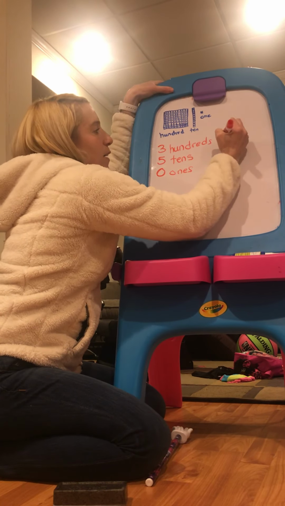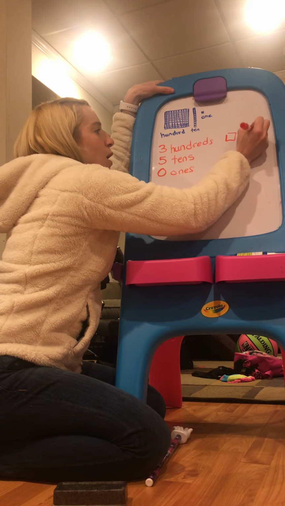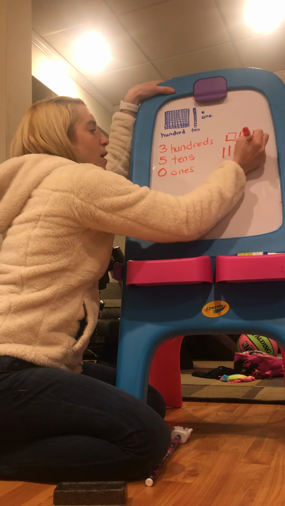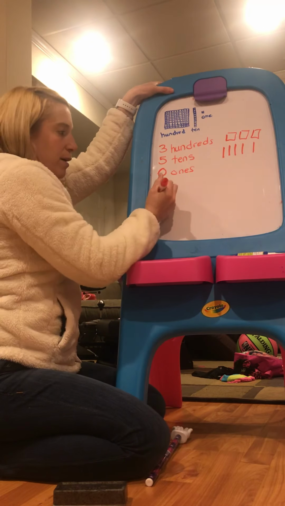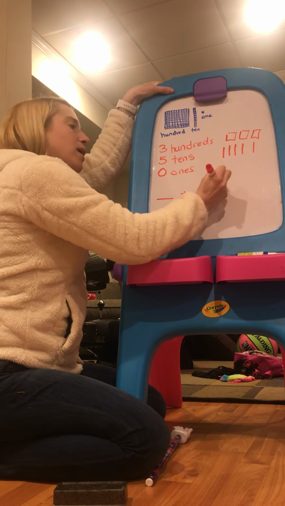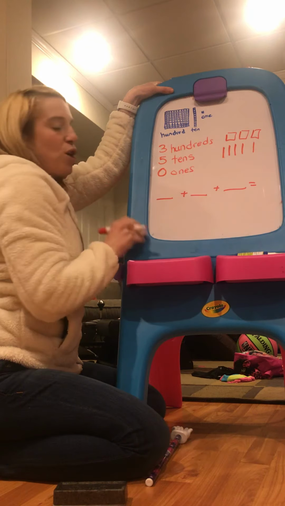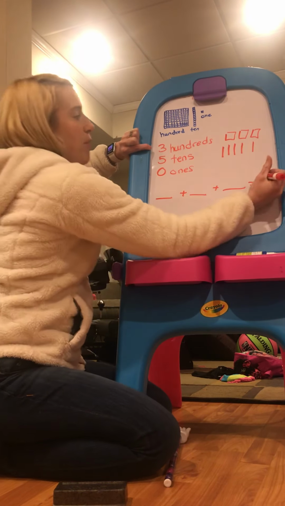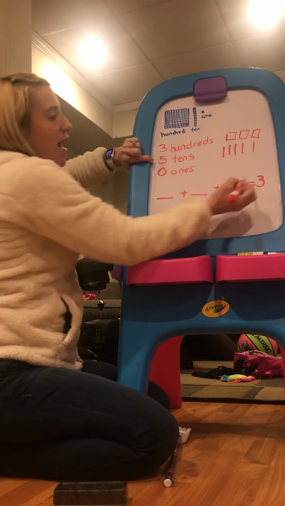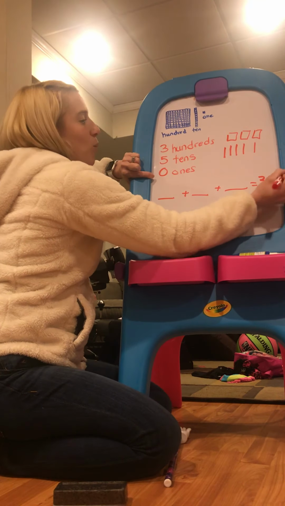So we've got 3 of these, 5 of these, okay, and 0 ones. All right. So we need what plus what plus what equals. Anybody know what number the answer is? We got a 3 in the hundreds place, 5 in the tens, and a 0 in the ones.